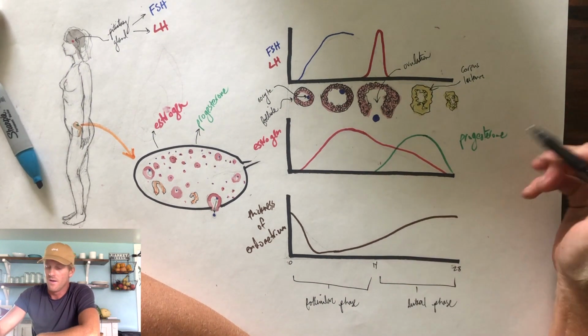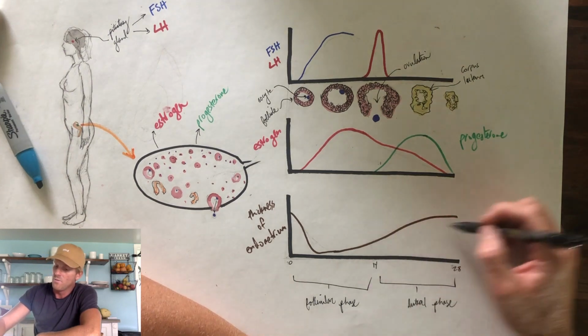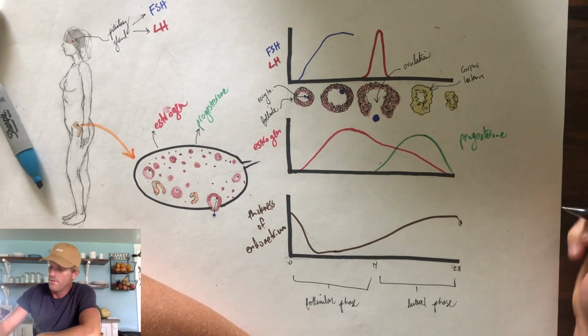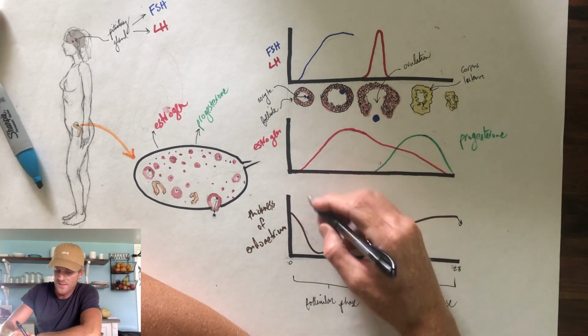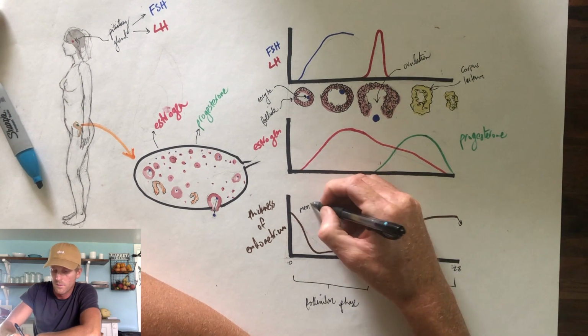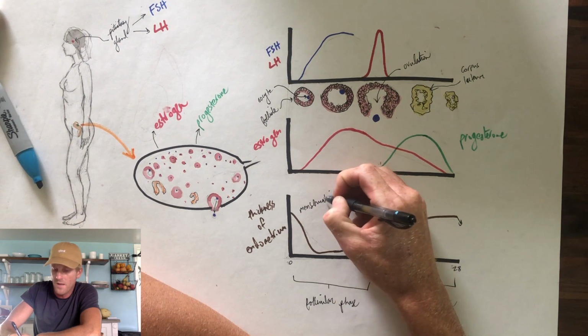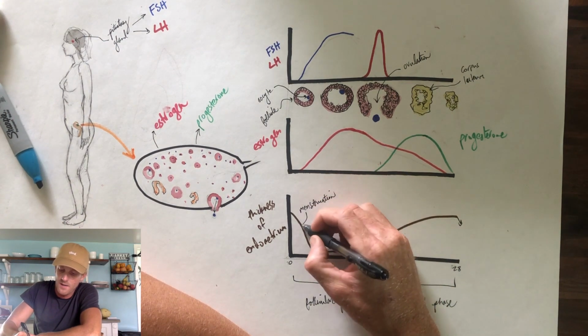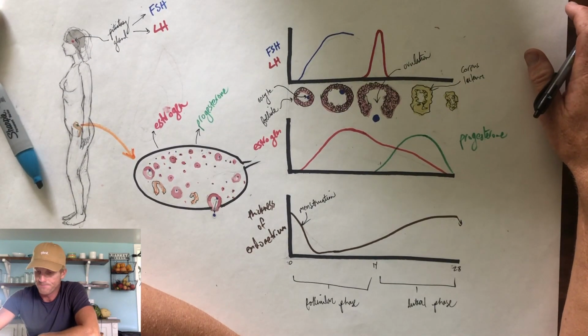But in this case, the egg was not fertilized, progesterone drops, estrogen drops, which will cause the thickness of the uterus, the endometrium, to drop, and this process is called menstruation. When that uterine lining is shed outside of the female reproductive system.